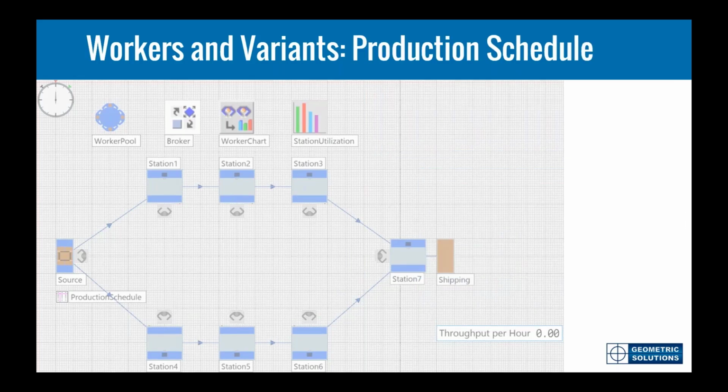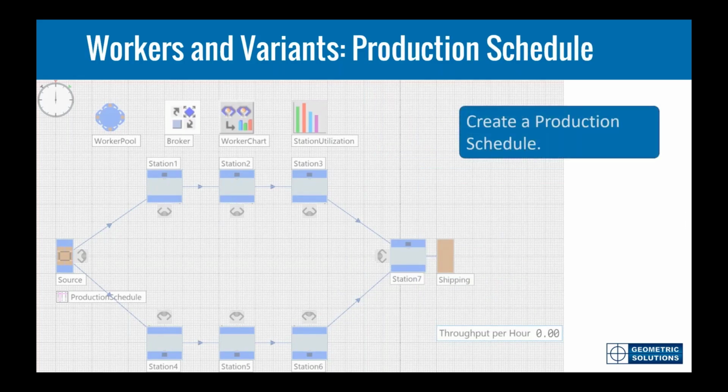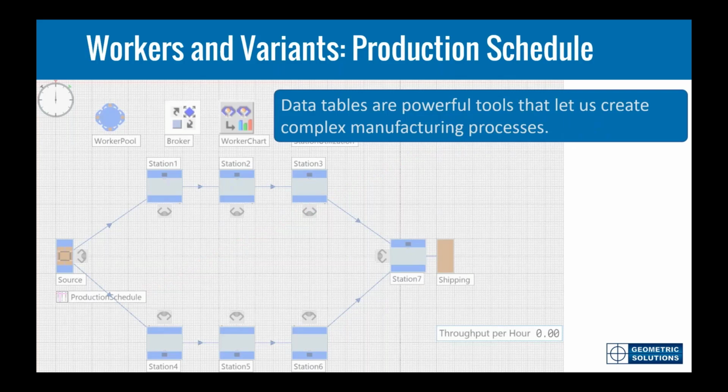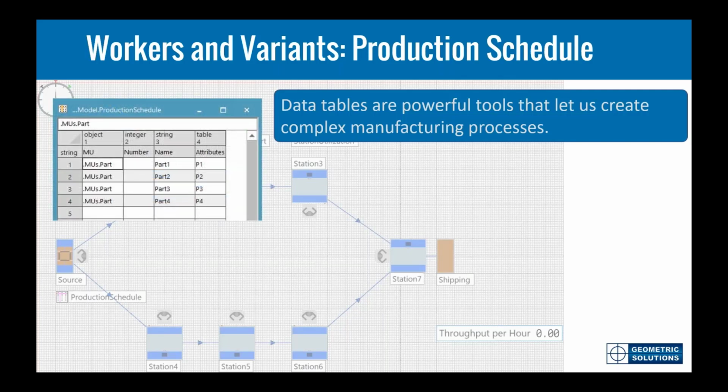What we do is we use a production schedule and we build that into the plant. This will let us build these variants, and I'll show you how that's done. It's a really cool tool. We're going to use data tables, and it'll let us create the complex manufacturing processes. The way this works is I build a table. I've got my 4 parts, part 1, 2, 3, and 4.